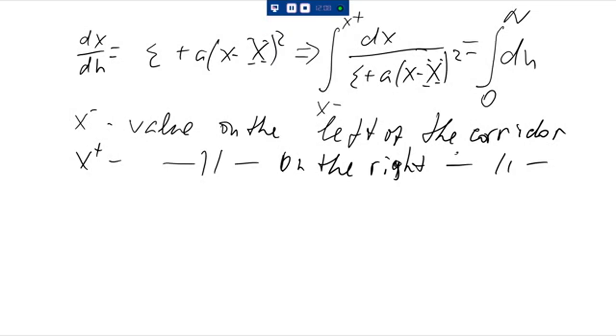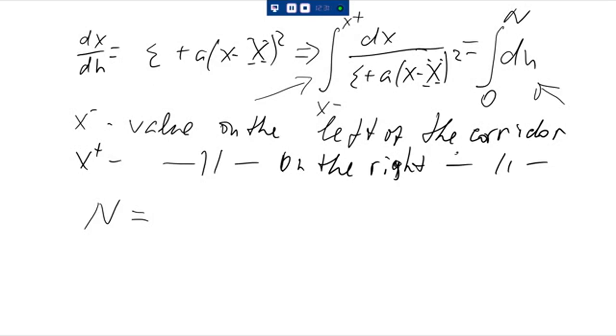So this integral is the number of iterations, it's the size of our three periodic band, and this is an integral which you learned in Math 101. You can find it in a table of integrals. This is arctan.